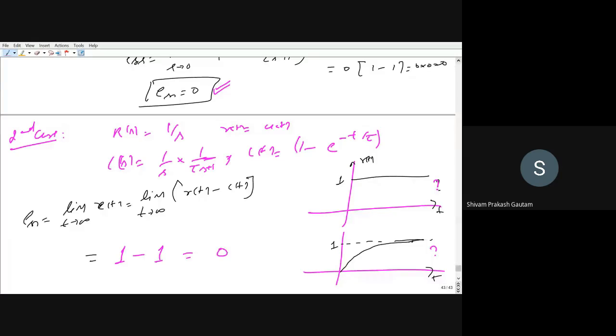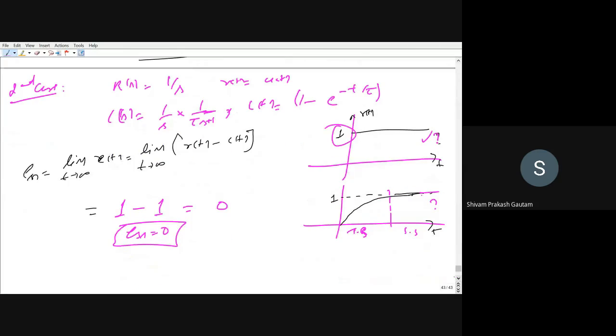That will be equal to 0. So you can see steady state error is 0. You can also verify it from the plot. Suppose this is our transient state and this is our steady state. You can compare input and output. The output is following the input, whatever our input is, and steady state error is becoming 0. So you can say that this is a control system.